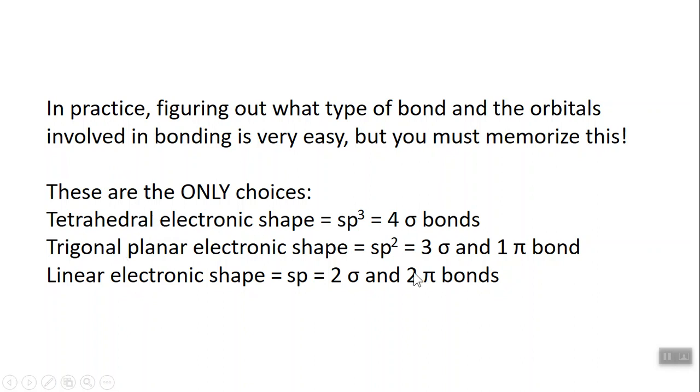If it's trigonal planar, it's sp2, and if it's linear, it's sp. It actually doesn't matter if that's oxygen or nitrogen or carbon. This is the case for all of them. So you do want to go ahead and memorize it. There are no exceptions to this, and it'll just make your life a lot easier if you do that.